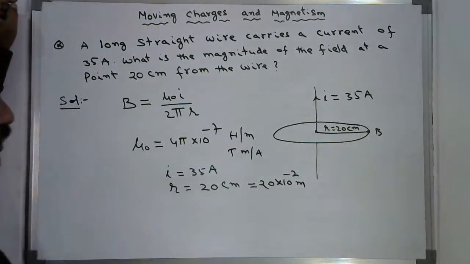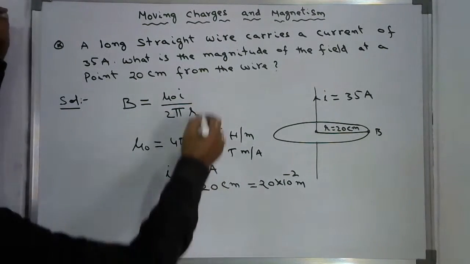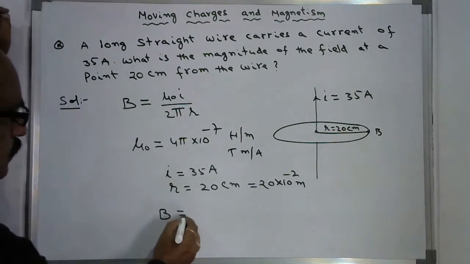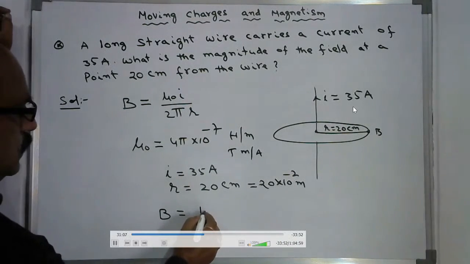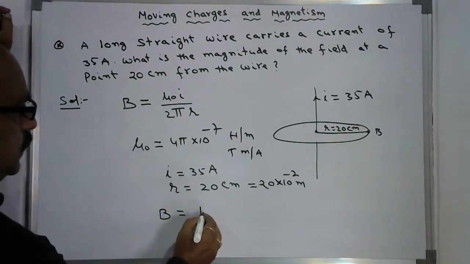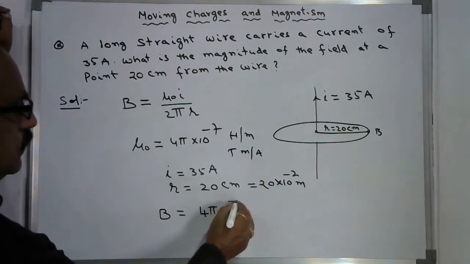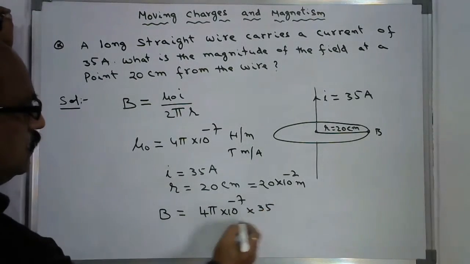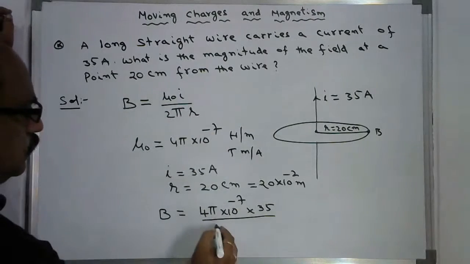That is most important. Substitute these values in this equation, then B is equal to, mu naught is 4 pi into 10 power of minus 7, into 35, whole by 2 pi r.